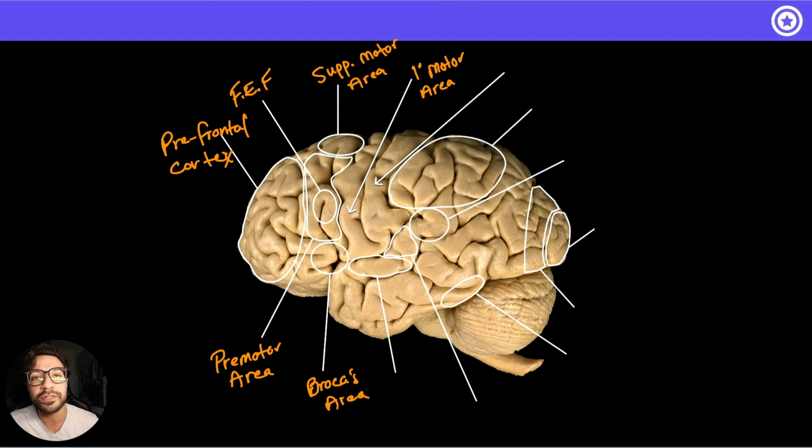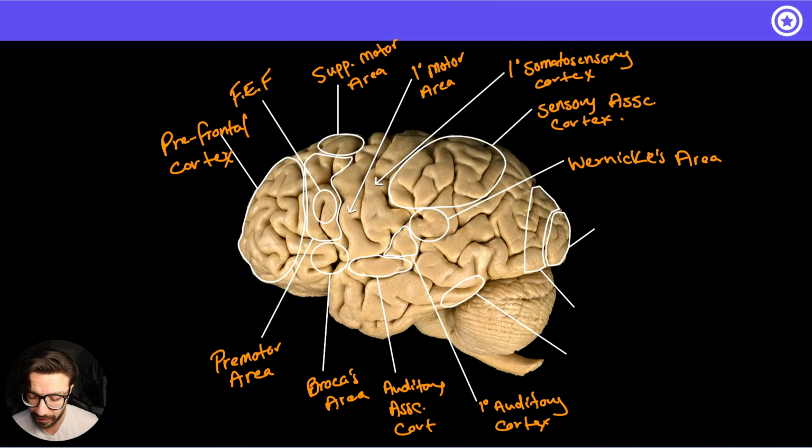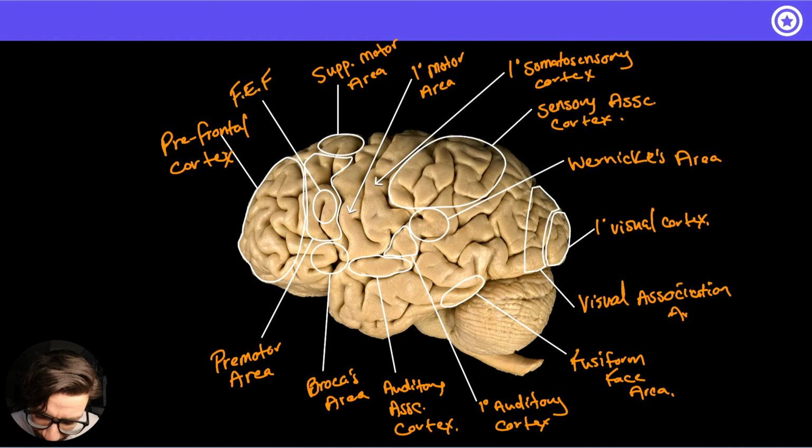And then moving posterior to that central sulcus, we're going to have that primary somatosensory cortex as well as that sensory association cortex. And then looking at the temporal lobe, we have Wernicke's area, the primary auditory cortex, the auditory association cortex, as well as that fusiform face area. And then finally, in the occipital lobe, we have the primary visual cortex and the visual association area.